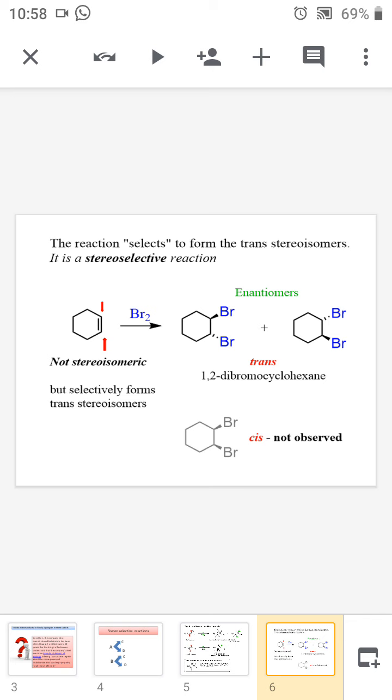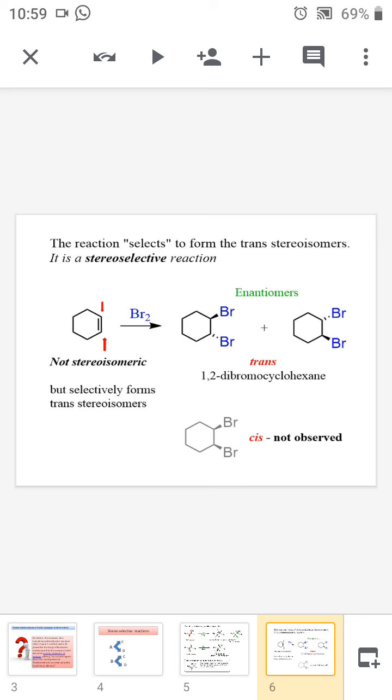Usually in addition reactions, the addition must be trans addition, so we will get a trans compound. But we cannot use trans cyclohexene in a chemical reaction, because in a cyclic compound the cyclic alkenes are always cis compounds.